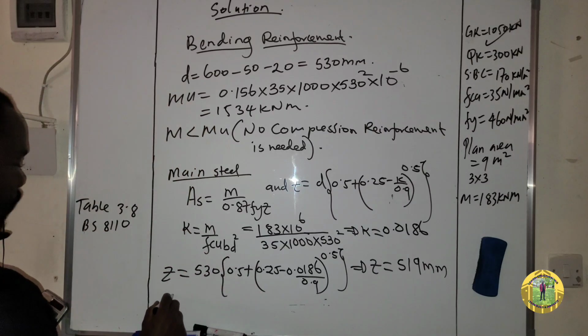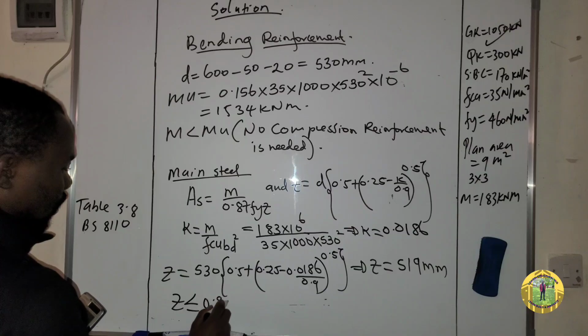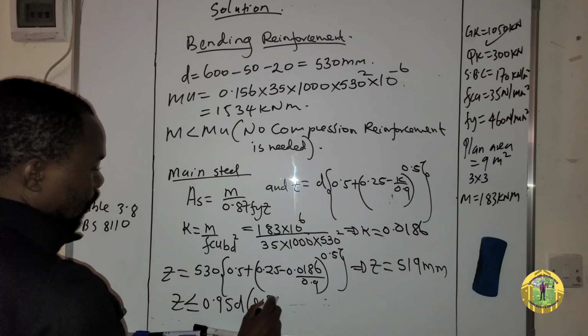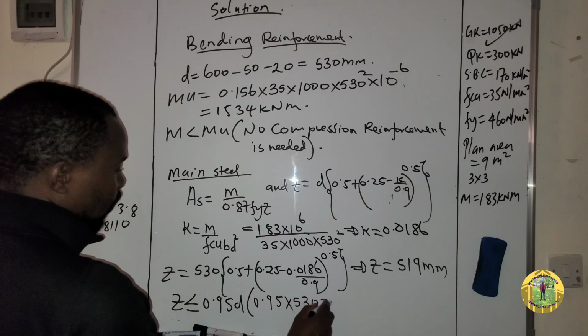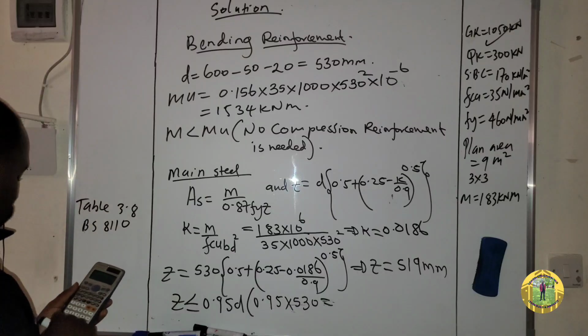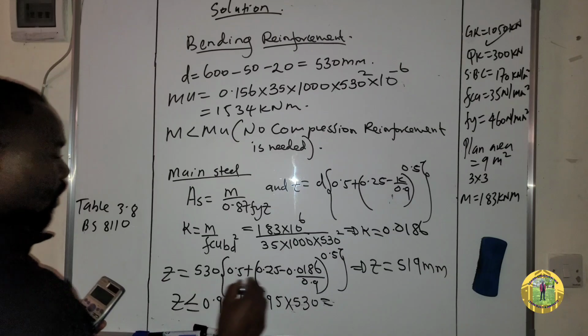And remember, Z must be less than or equal to 0.95 D. So 0.95 times 530 is equal to 504.